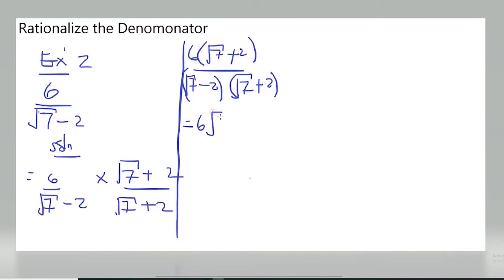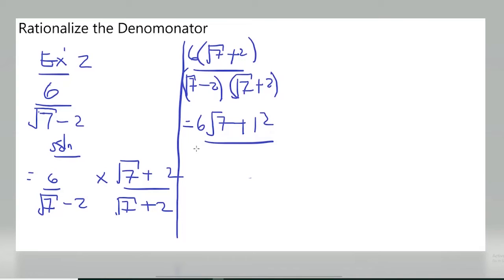Now by opening the bracket, it will be equal to 6 root 7 plus 12 over, now in the denominator, I'll take root 7 times the whole thing, root 7 plus 2. Then I'll take negative 2 times the whole thing, root 7 plus 2.